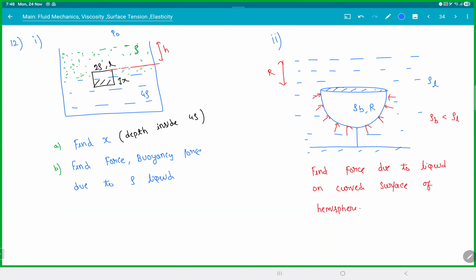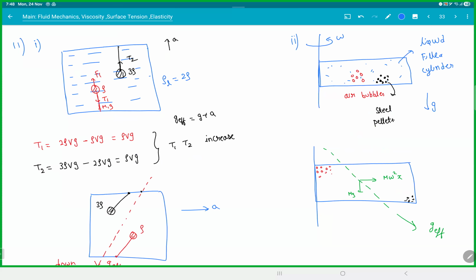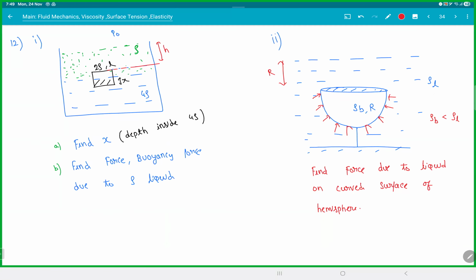Gravity. Why will gravity cancel out? What do you mean by gravity cancels out? They will sink, right? For the air bubbles, the buoyancy force will dominate. But sir, on the container, there are only two forces, mg and buoyancy force.